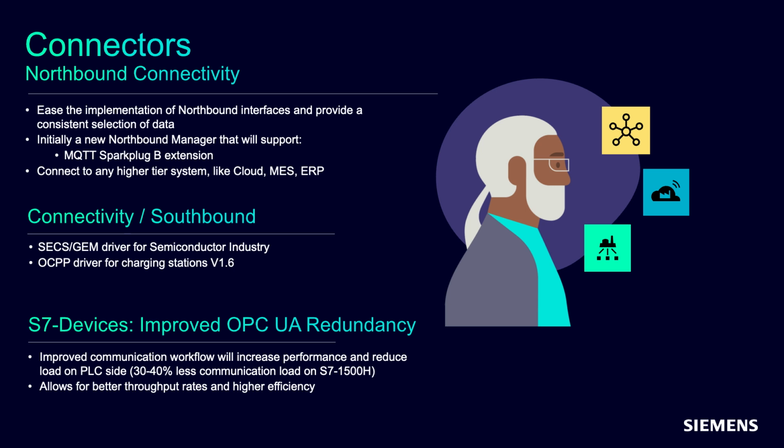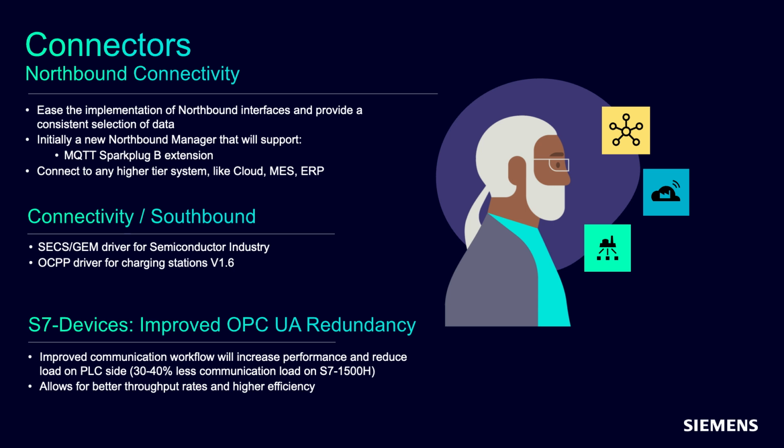This means you will have the possibility to provide all your data via Sparkplug B to the outside world or to the IT level. And with the northbound manager library, it's easy also for you to add new communication interfaces on the northbound side.